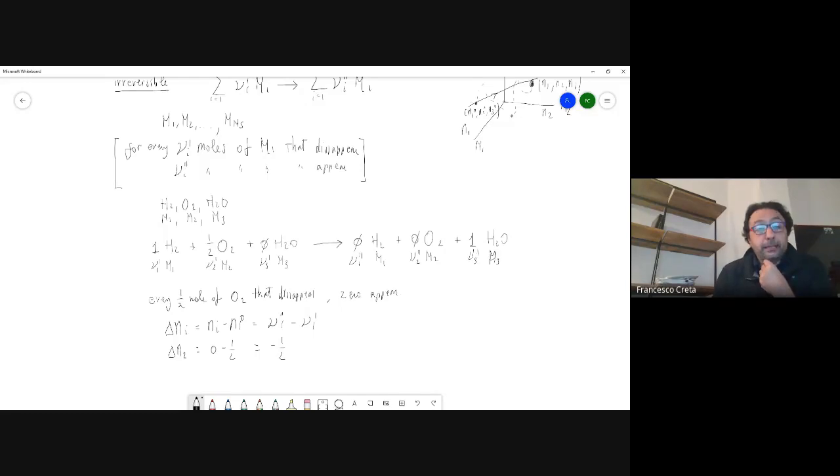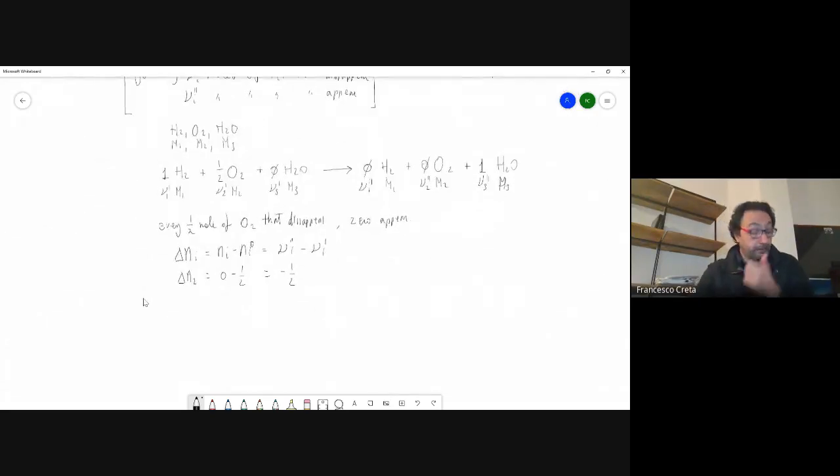Bear in mind that implicitly, in this particular case, I've chosen the initial number of moles exactly equal to my stoichiometric coefficients, but I don't have to do that. I could choose, for example, the initial number of moles of oxygen as being 10 moles.